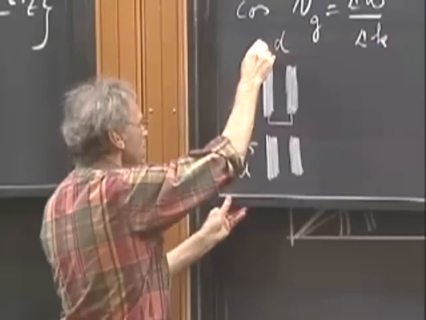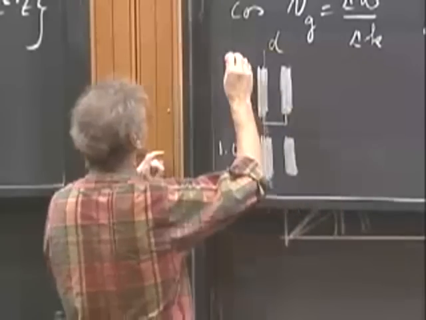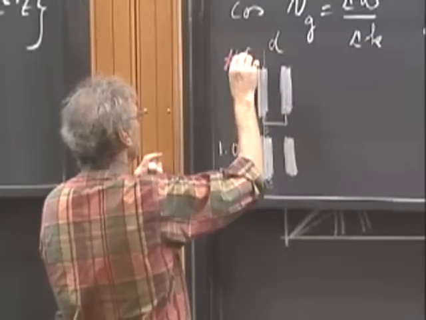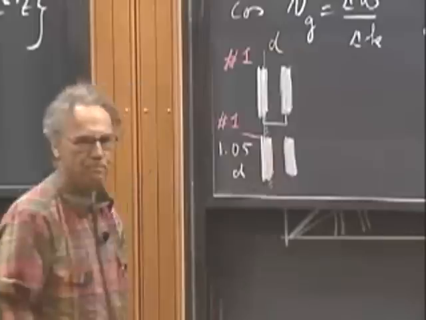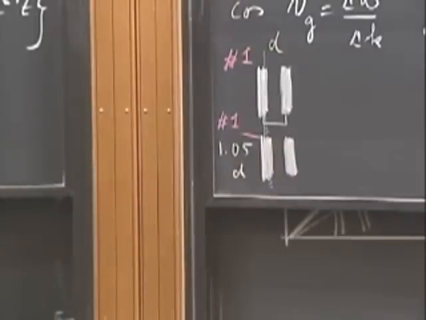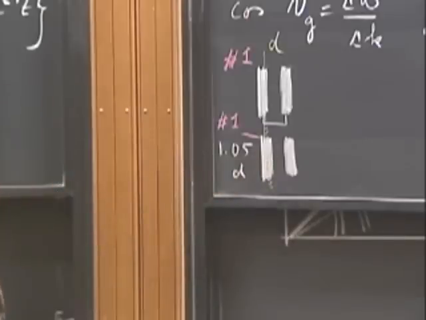And I line these up. So this is the very first one on my sheet. This is number 1, and this is number 1. So they line up. This one, the separation is 5% larger.